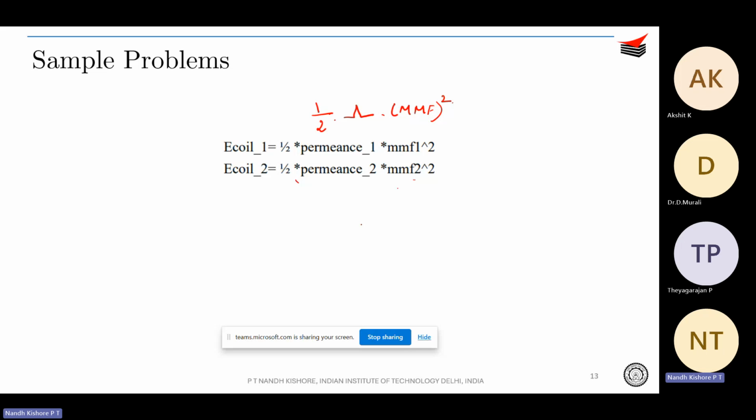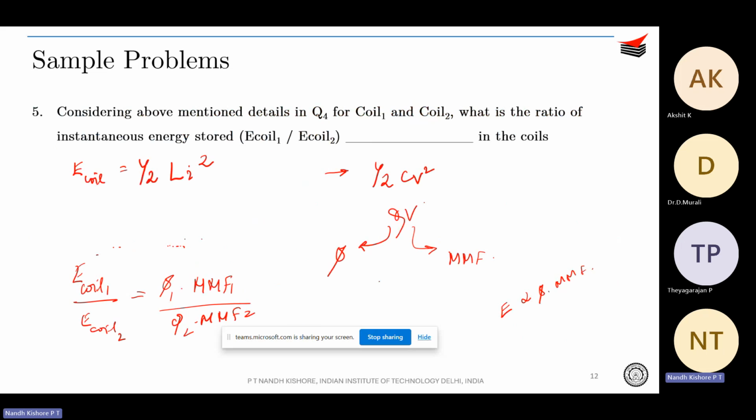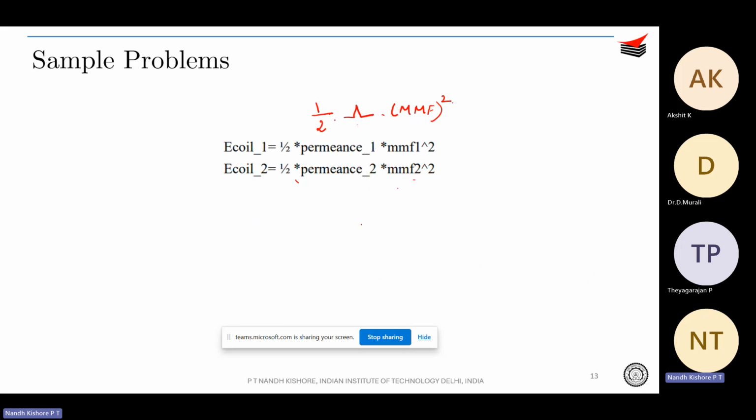So from that you calculate the ratio of E coil 1 over E coil 2. One was based on half Li square, the other one was based on half into permeance into MMF square.